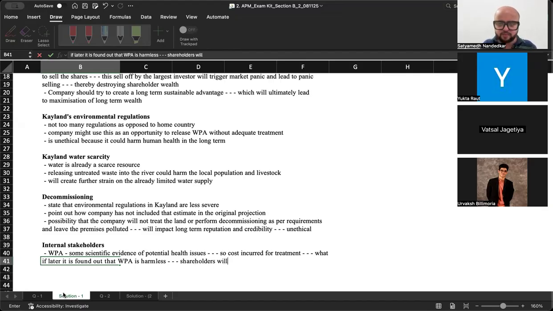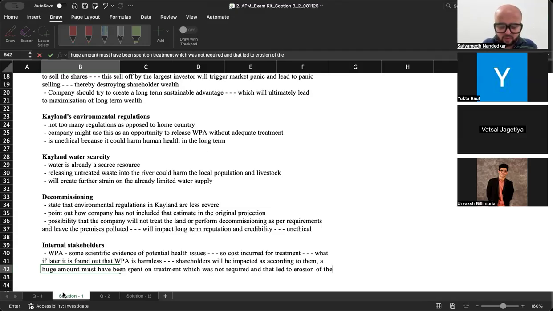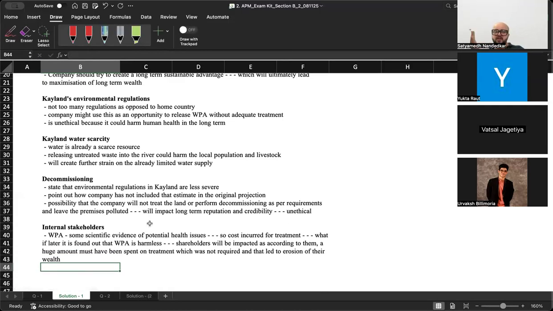Shareholders will be impacted, as according to them a huge amount must have been spent on treatment which was not required, and that led to erosion of their wealth. ये भी हो सकता है कि shareholders will say यार तुमने check क्यों नहीं किया, you wasted so much money on cleanup and treatment and all of that, only to realize that spending so much money was unnecessary, so we are suffering because of that.